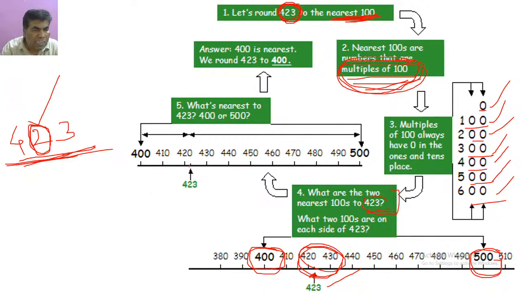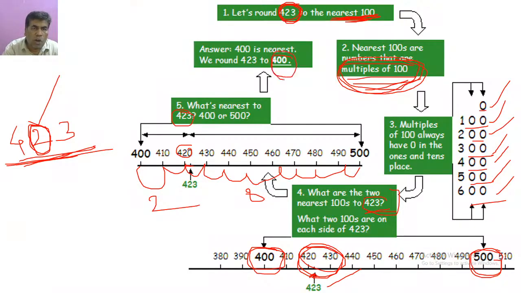So approximately what is the distance? Let's take from 400. 423 is 2 places after 420 and 8 places before 430, so counting in the tens, 423 is nearer to 400.